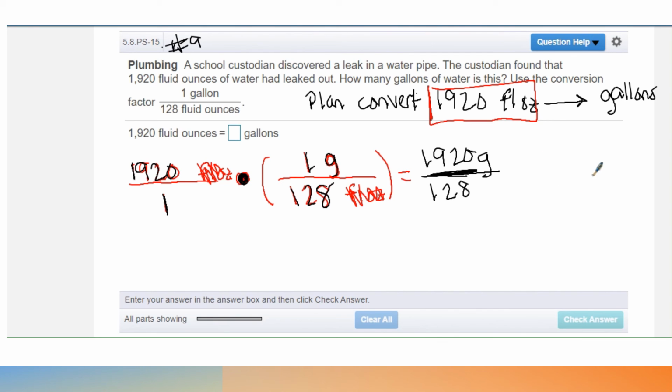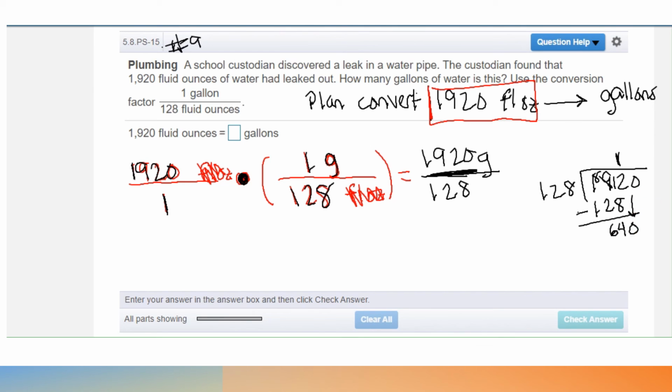Let's do that over here. 1,920 divided by 128. 128 goes into 192 one whole time. 1 times 128 is 128. I'm going to regroup here and bring my 0 down.